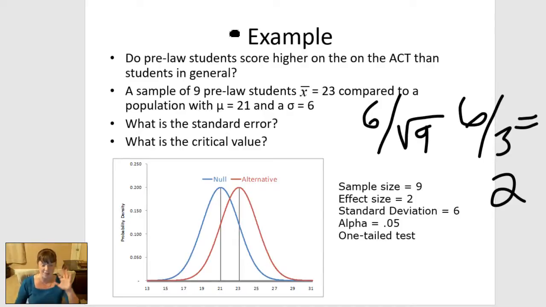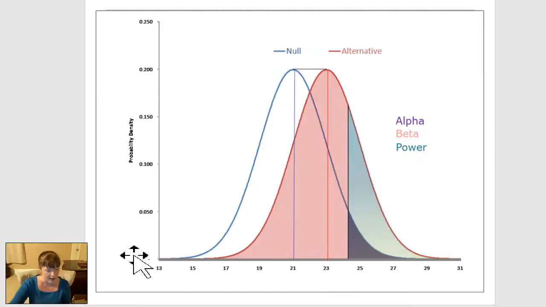And I've got my null and alternative hypotheses, these two sampling distributions on the same graph, so we can see and visualize alpha, beta, and power, right? And then the critical value, and this is the same distribution that I showed you before. Choosing alpha is right here, this dark purple area.